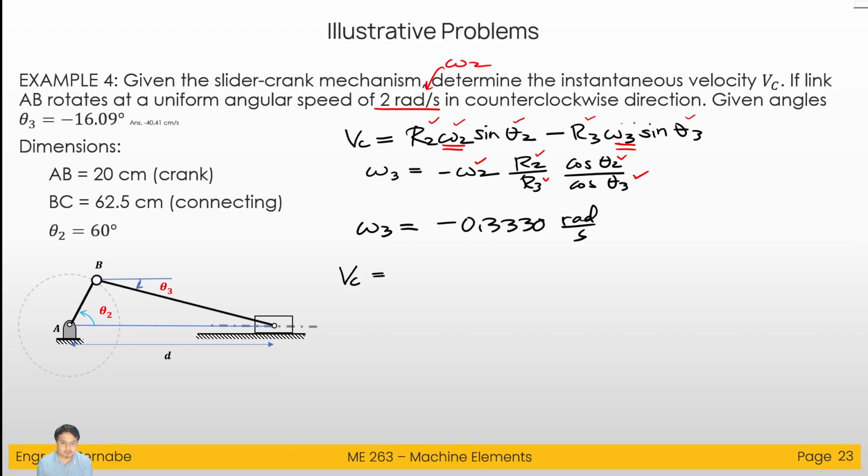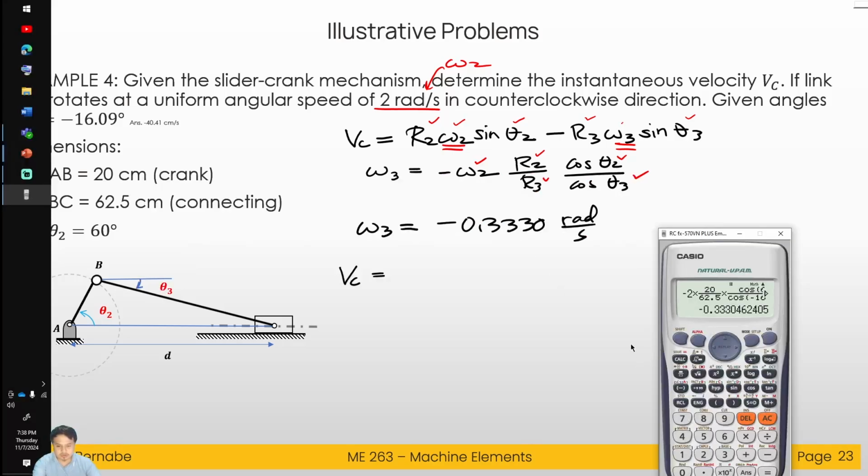This is already solved for. So R2 is 20, omega 2 is 2, sine theta 2, which is 60, and then minus R3, 62.5, and omega 3, so times negative 0.333, and then you have sine, actually it should be sine, not cosine, of negative 16.09.